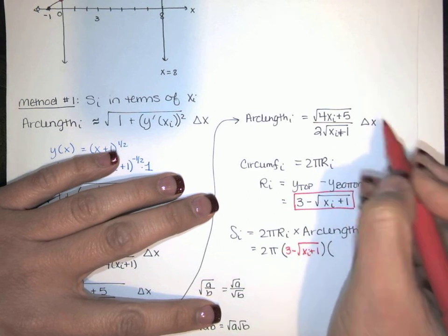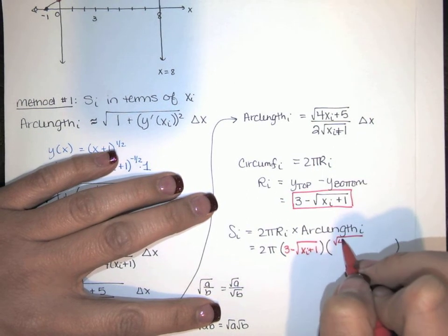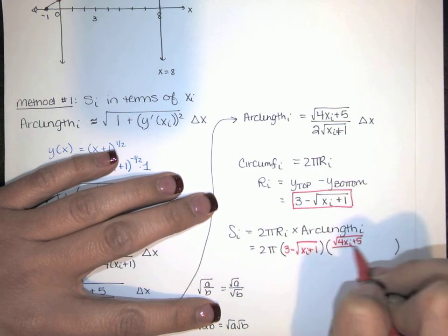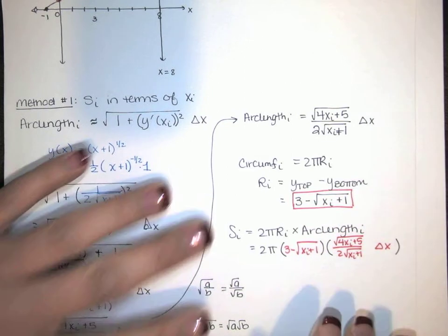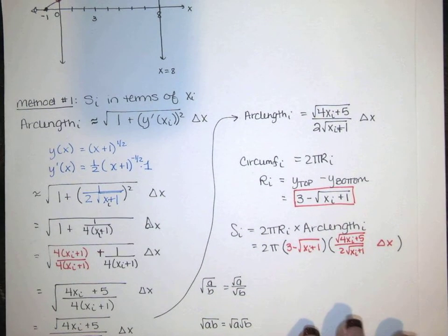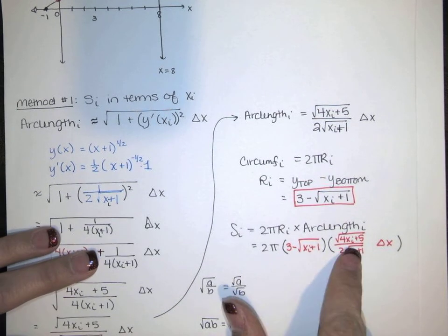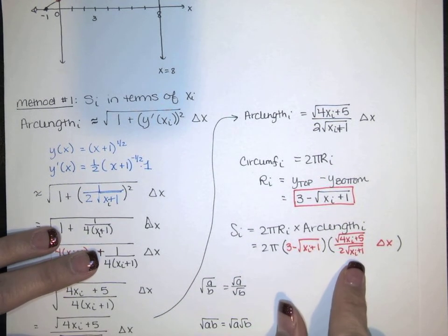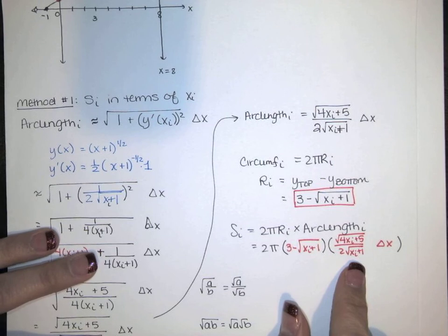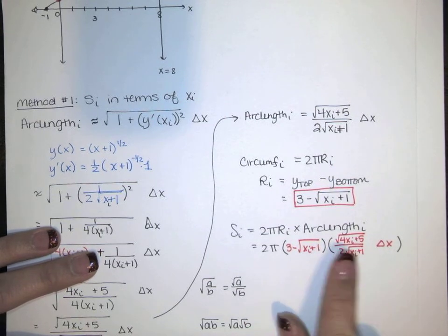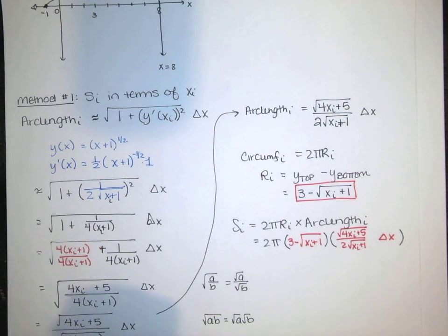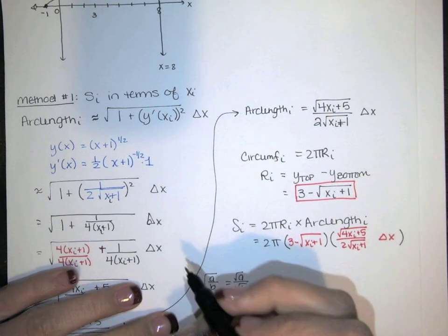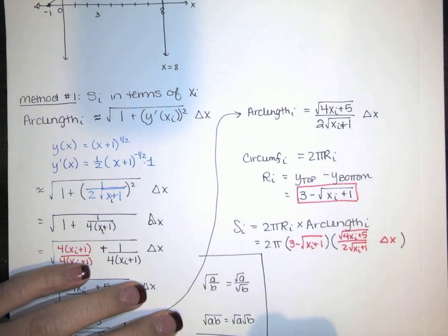And the arc length is right here. Now if I distribute 3 times this, well, that's pretty ugly, but maybe we could evaluate that integral using integration by parts. This square root times this, that's going to cancel, and it's going to be really nice. So I don't think I want to evaluate this integral. I want to see if the other integral in terms of y is a little bit easier.